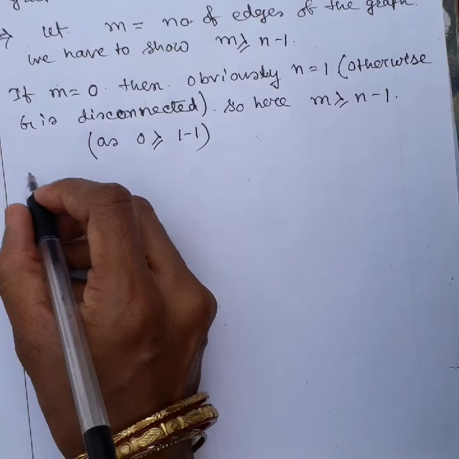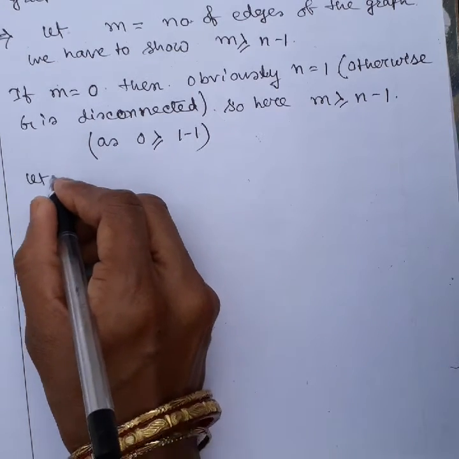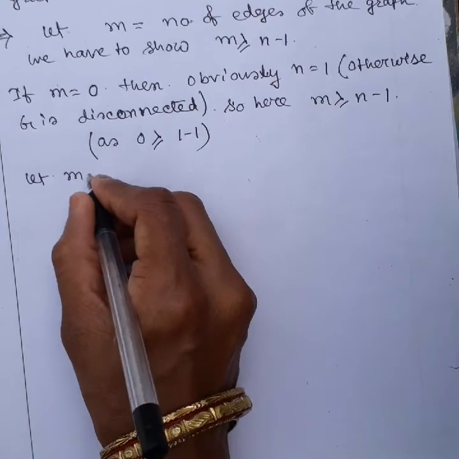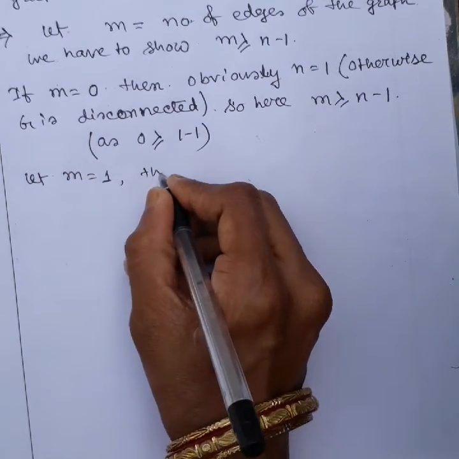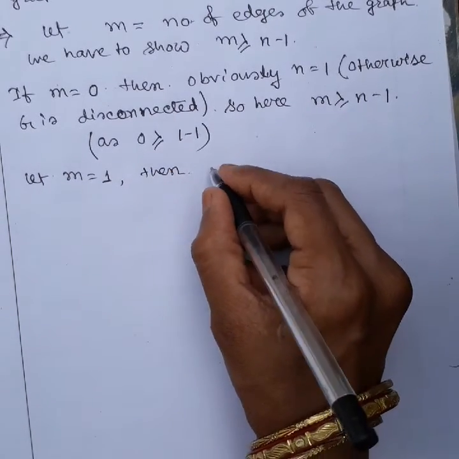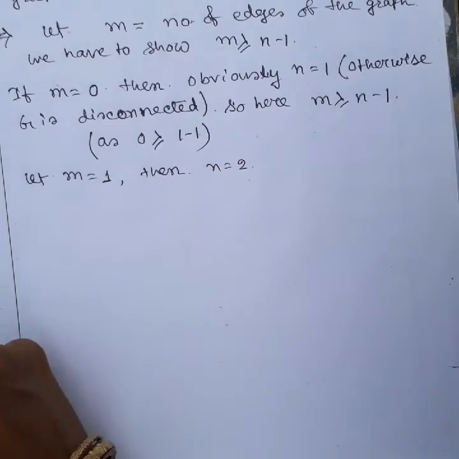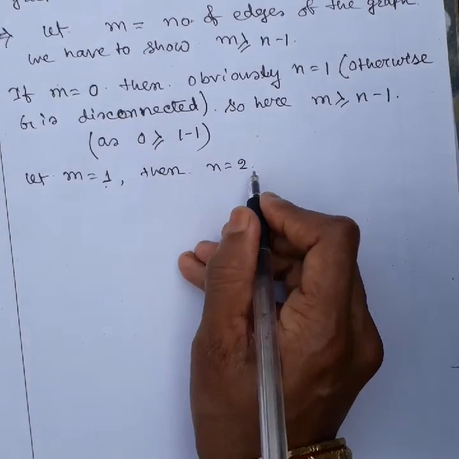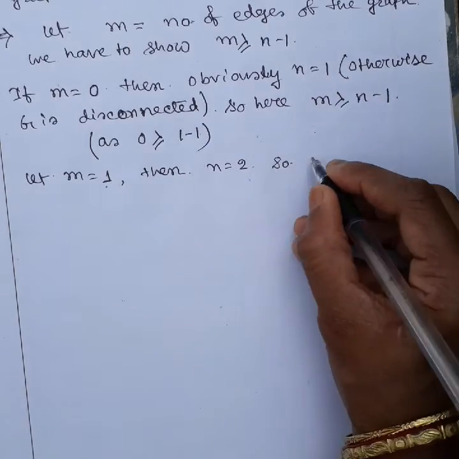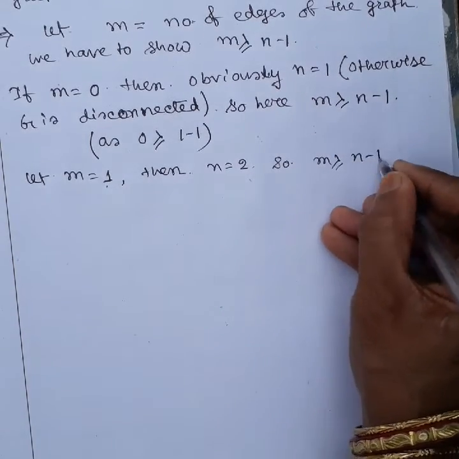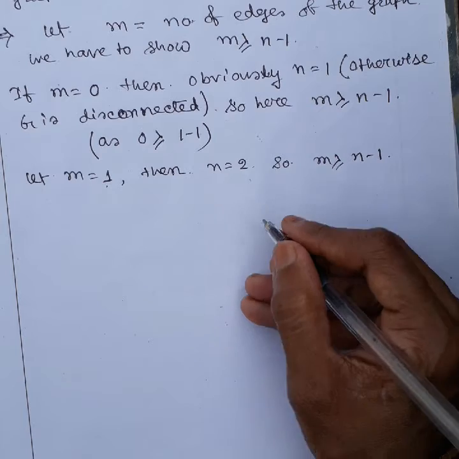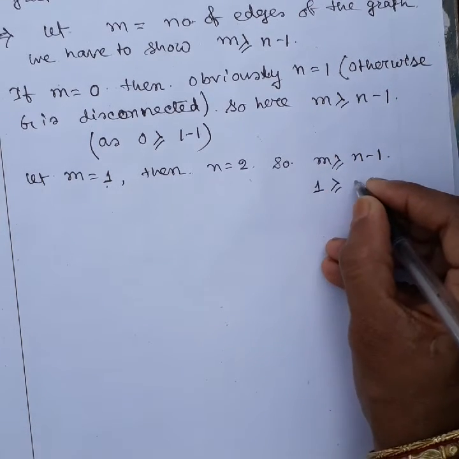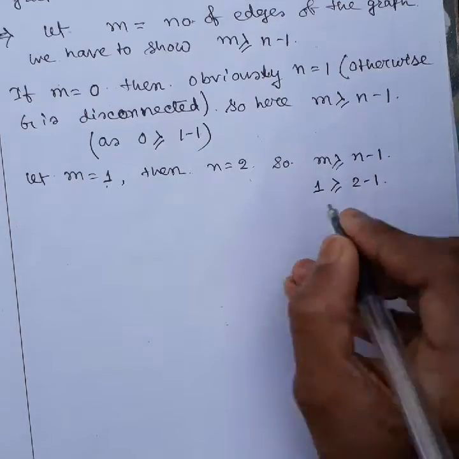Now let m be equal to 1, then n is equal to 2. When the number of edges is equal to 1, then the number of vertices must be 2. So here also m is greater than or equal to n minus 1, because 1 is greater than or equal to 2 minus 1.